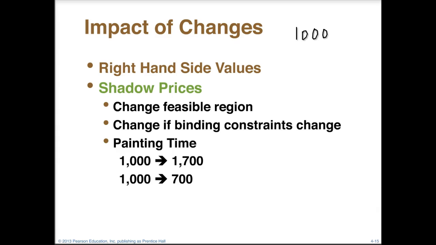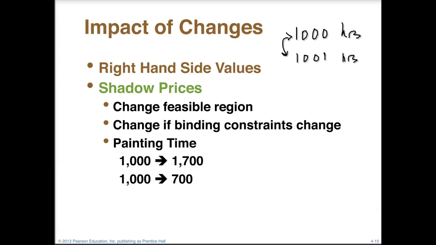So remember, we originally had 1,000 hours. If we wanted to change the amount of hours from 1,000 hours to 1,001 hours, then the shadow price will let us know how much actual profit we would receive by changing just this constraint by 1 hour.